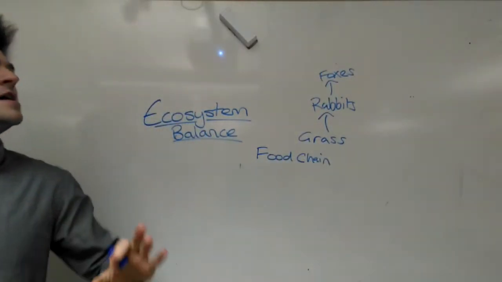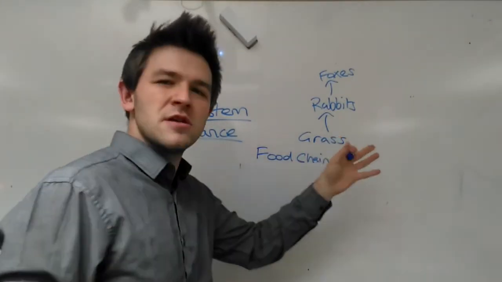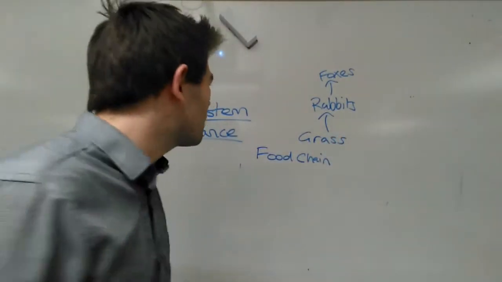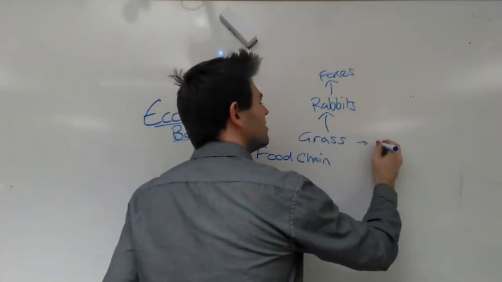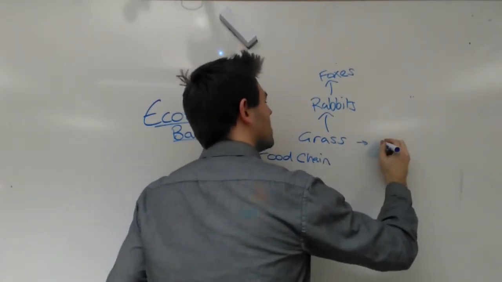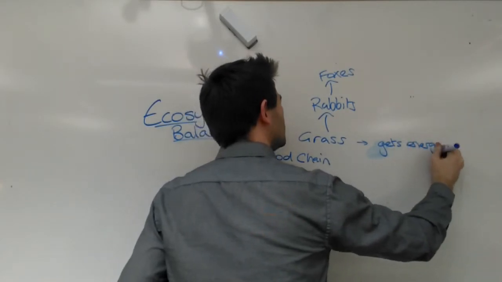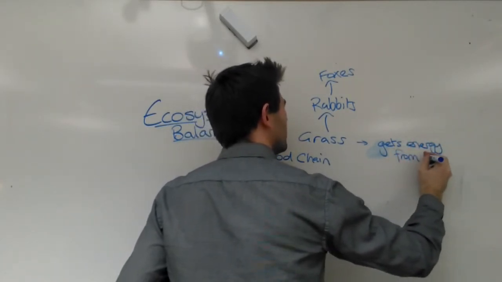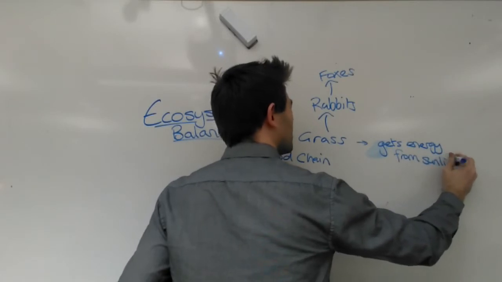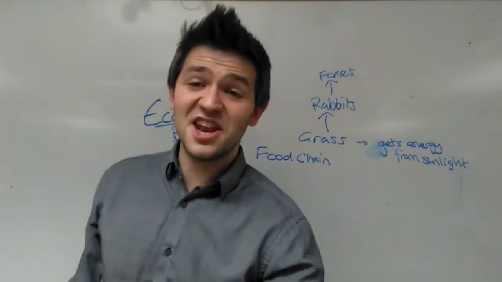The foxes depend on the rabbits, which depend on the grass. The grass gets its energy from sunlight. It is sunlight that gives the grass the energy.